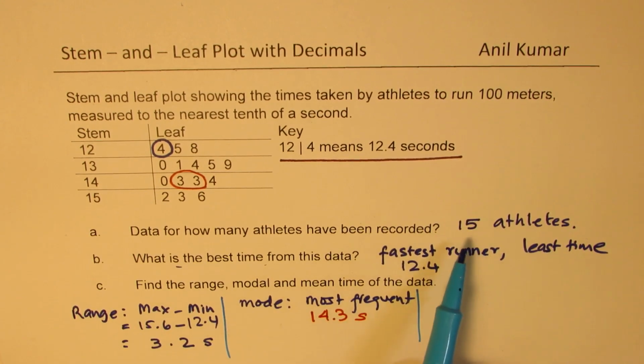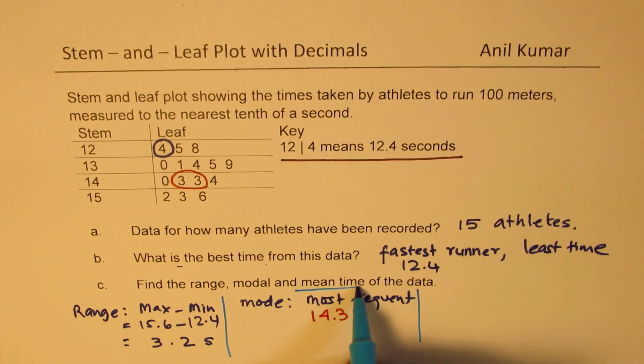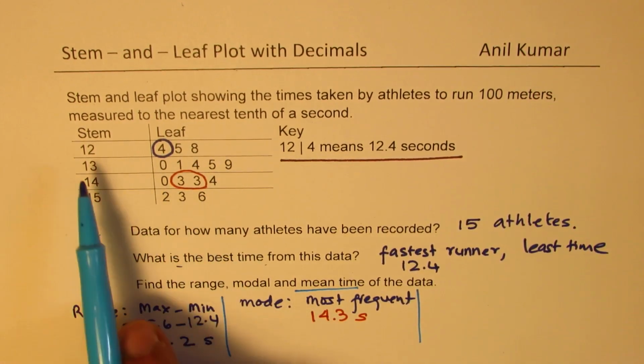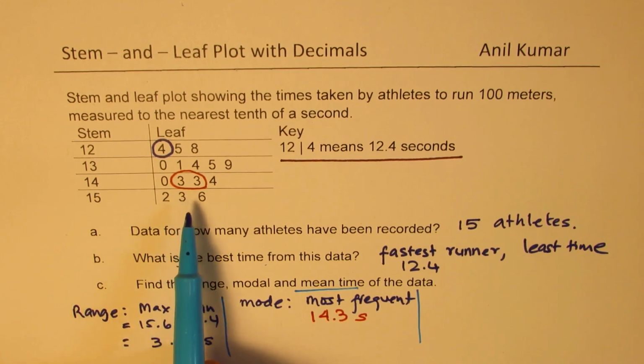Now, there are 15 athletes and we need to find the mean time. So mean time will be, you need to add them all and then divide by the number of athletes, correct?